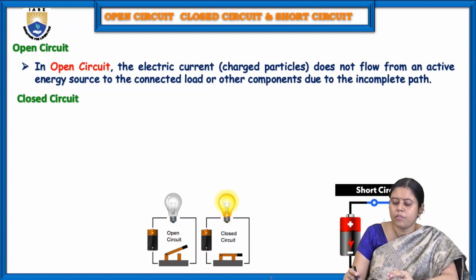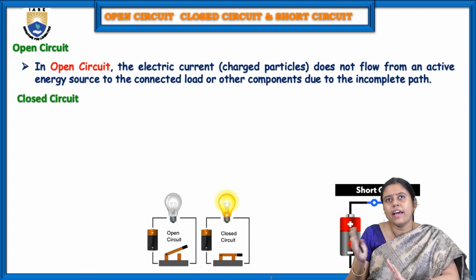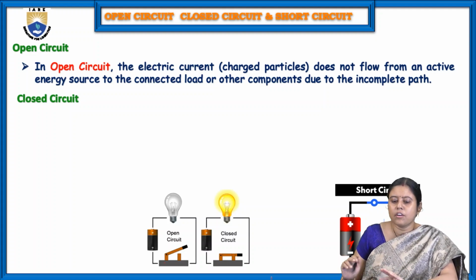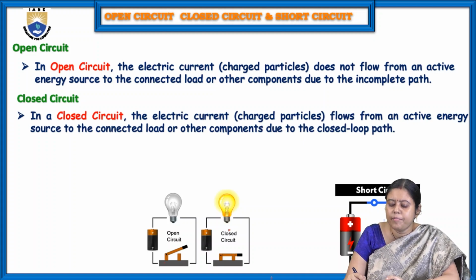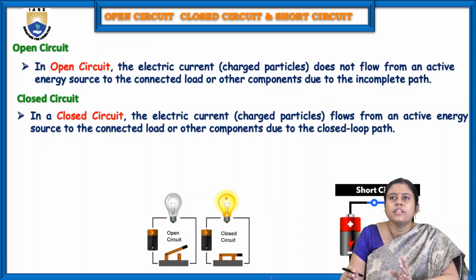What is a closed circuit? Unlike the open circuit, in a closed circuit an electric current flows from the active energy source to the light or the connected load or other components, because the path is closed.